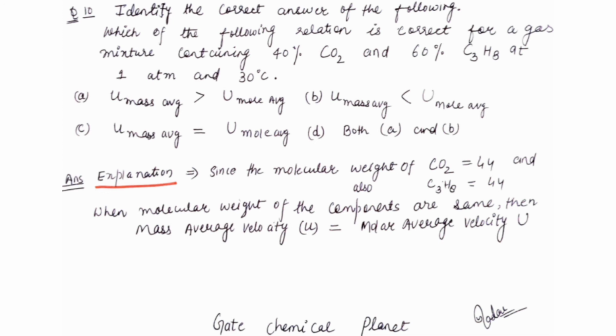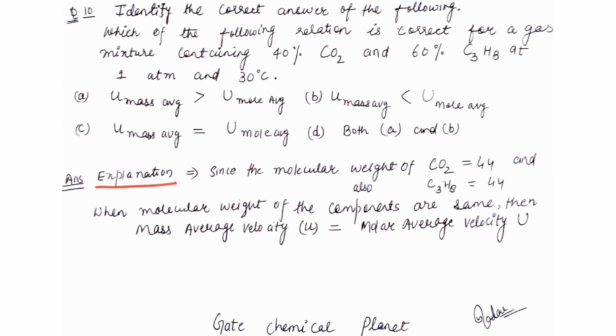The first option is U mass average is greater than U mole average, in B part U mass average is less than capital U mole average, in C part U mass average equals capital U mole average, and in D part both A and B.